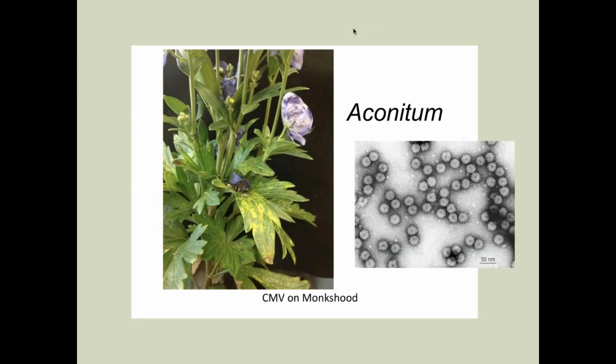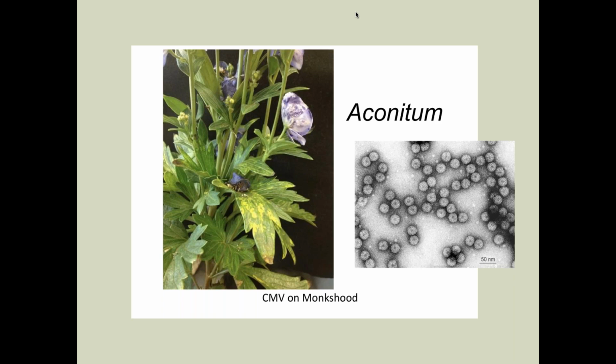This is one of my favorites. Remember that I'm a plant pathologist and I get excited about diseases, and this one brings a smile to my face because I think it's absolutely beautiful. This is on monkshood, on Aconitum, cucumber mosaic virus, which has a very wide host range, as does tobacco mosaic virus.